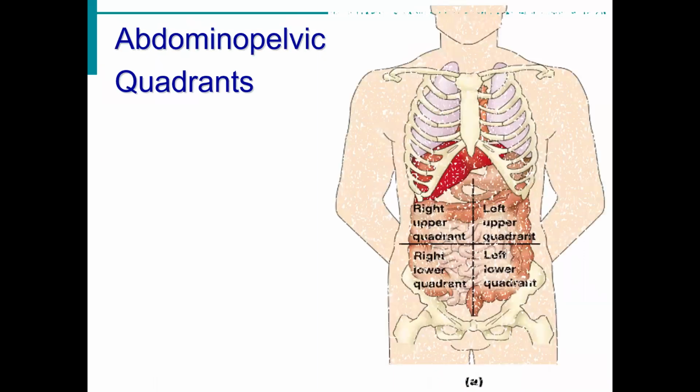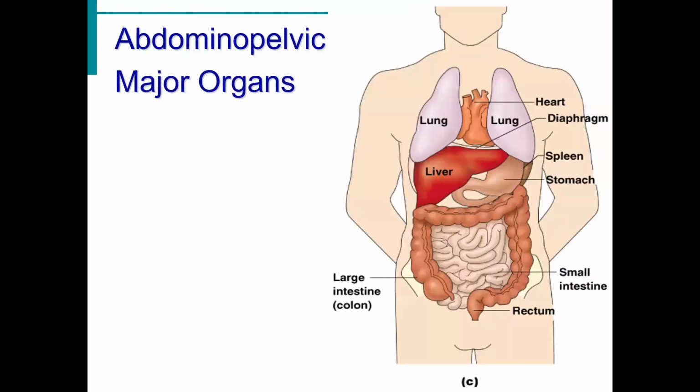Okay, we've got abdominopelvic quadrants here: upper right quadrant, upper left quadrant, lower left quadrant, lower right quadrant. Major organs here: lungs, heart, liver, stomach, spleen, large intestines, small intestines, and the rectum.